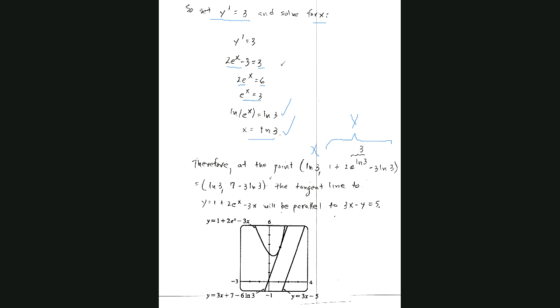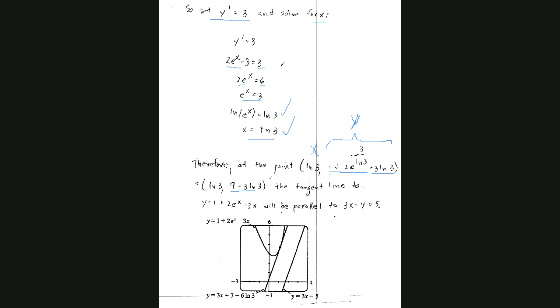Remember what y was. y was equal to 1 plus 2 times e to the x minus 3x. So when x is log 3, you're going to have 1 plus 2 times e to the log 3 minus 3 log 3, which means that y coordinate will be 7 minus 3 log 3.